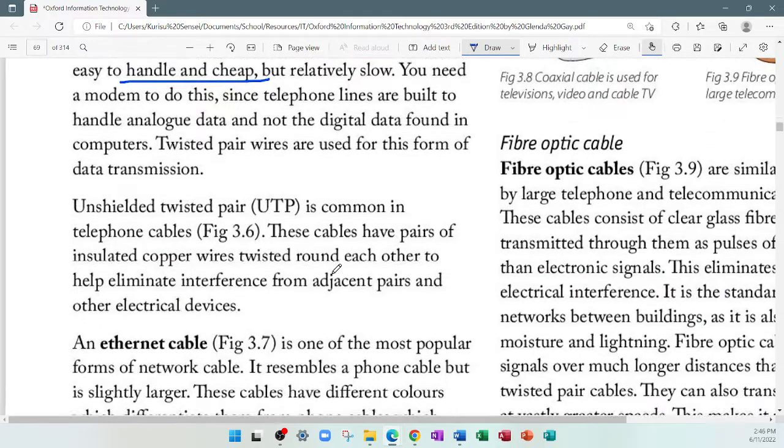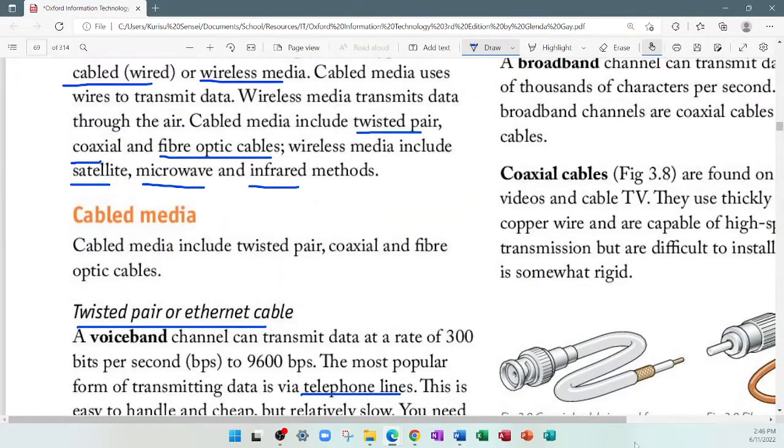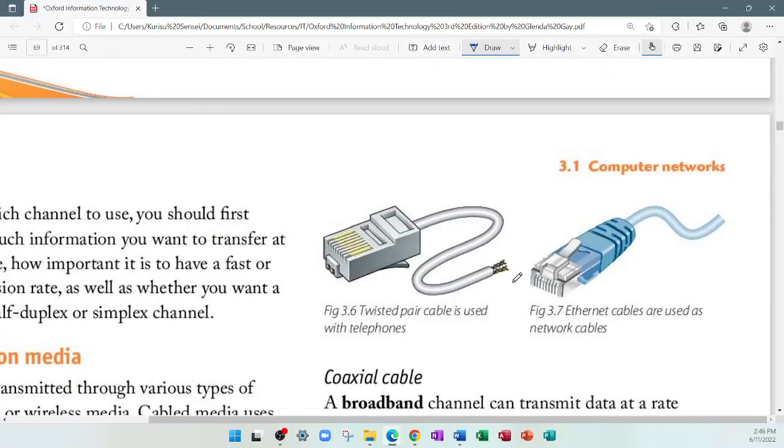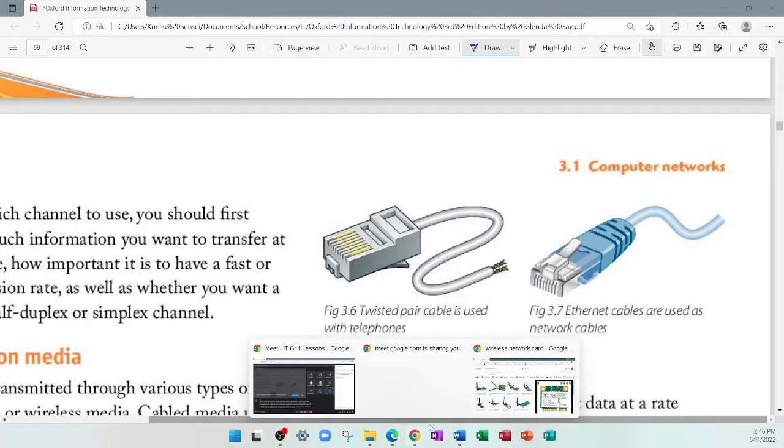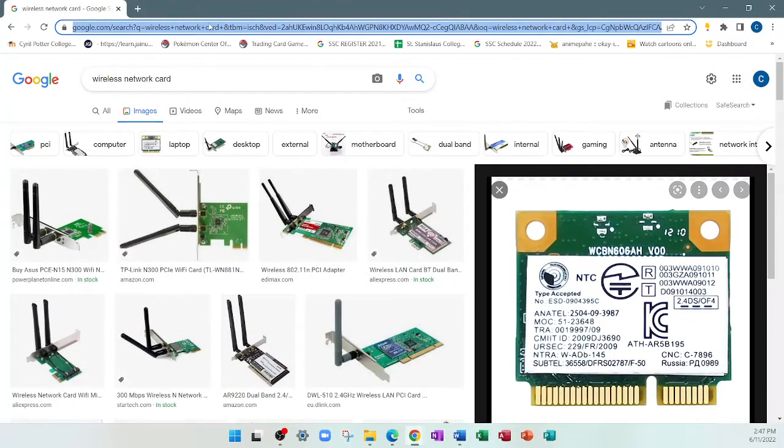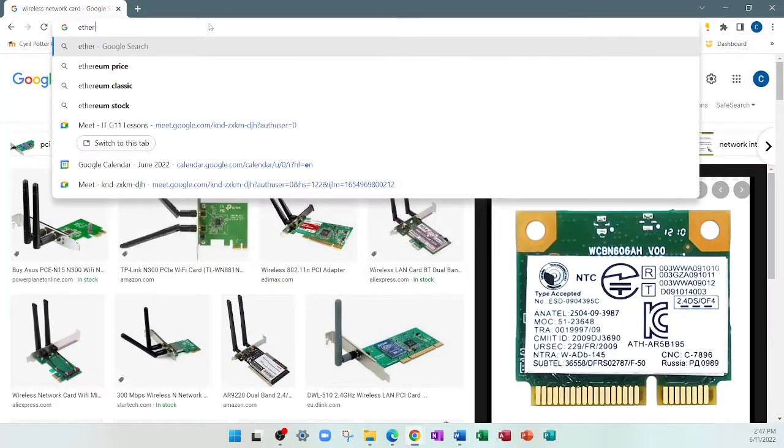We are not seeing any image here. Yes, so this here is an example of the twisted pair. So this one actually has about 8 cables inside of it. So Ethernet cable.